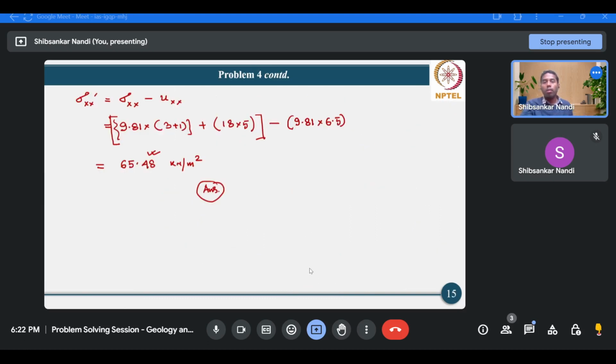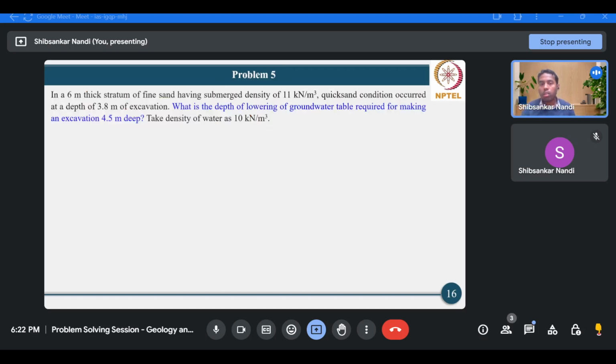Okay, so if there is no confusion, or if this is fine from your end, then we can take the last problem for this session. And in this problem, a 6 meter thick stratum of fine sand having submerged density of 11 kilonewton per meter cube is given.